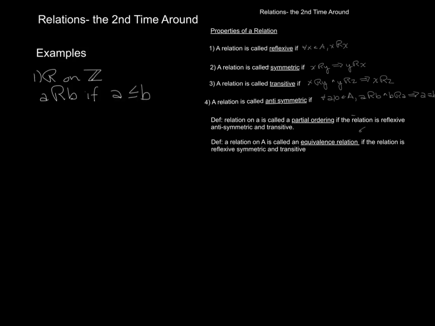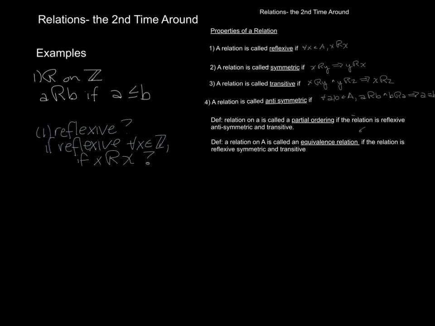So we'll start by trying to see if our relation is reflexive. And I'll put a question mark because we're trying to determine whether or not it's reflexive. Looking at our definition, that means for all x in our set, everything must be related to itself. So if reflexive, for all x, in this case we're looking at our set of integers, is x related to itself?